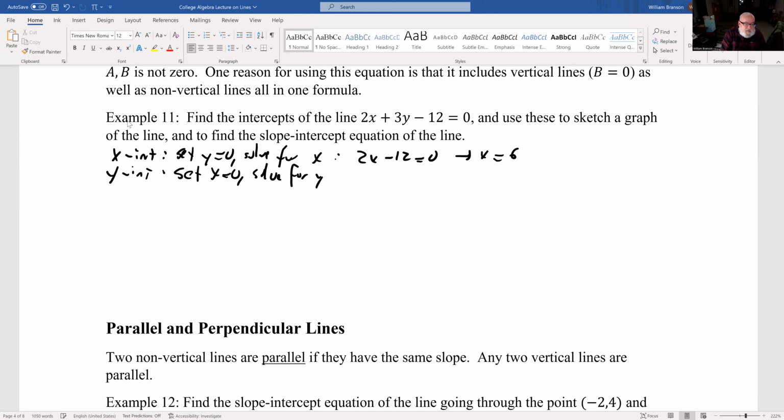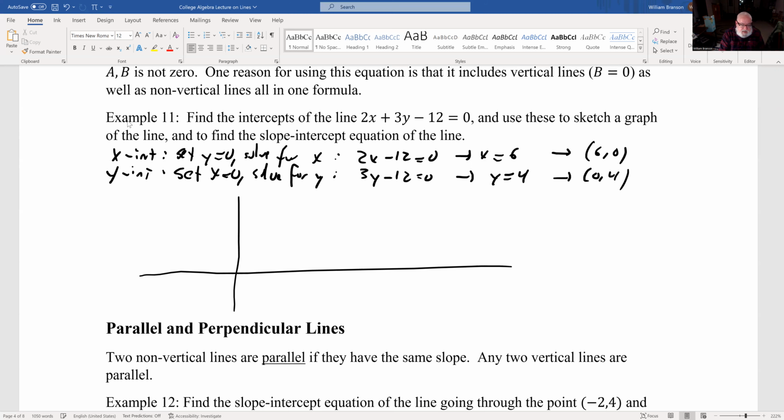Doesn't matter what function you're dealing with, finding the intercepts is always the same procedure. That gives me 3y minus 12 equals 0. That means y equals 4. So my x-intercept is the point 6, 0. My y-intercept is the point 0, 4. And that makes it actually quite easy to graph. It's going to be a graph like that, where this is x is 6 and this is y is 4.